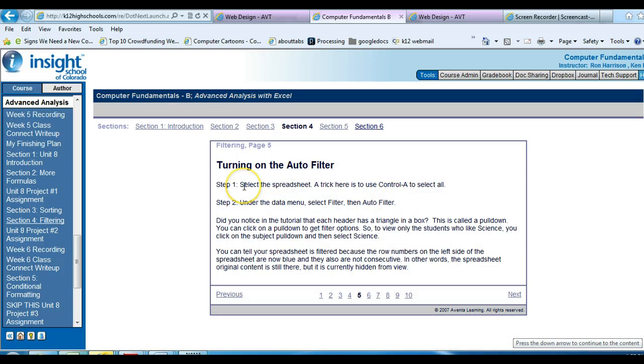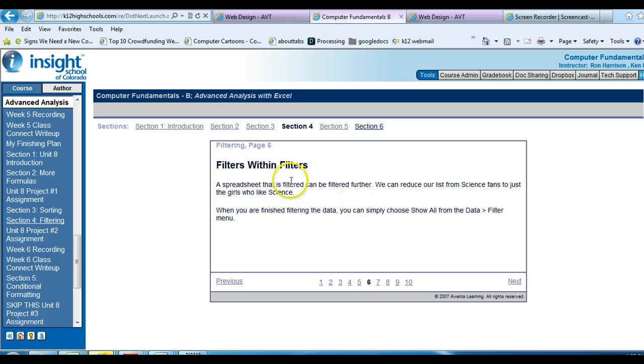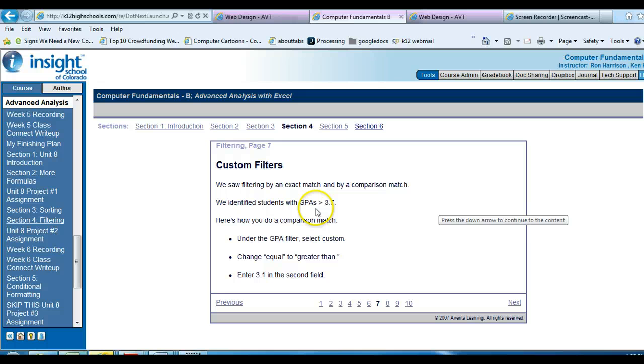To turn on auto filter, you select the whole spreadsheet, and to select a whole spreadsheet, you do Control A. Then you do filter, auto filter. So Control A is the key that can select your whole spreadsheet for you. And you can also filter within a filter. But watch that video that shows you about filtering.